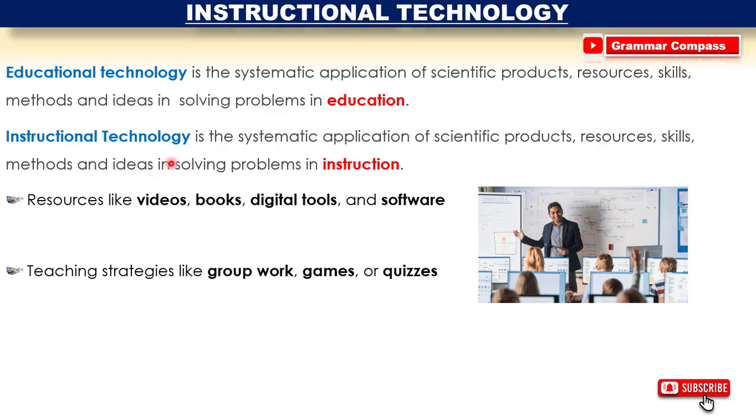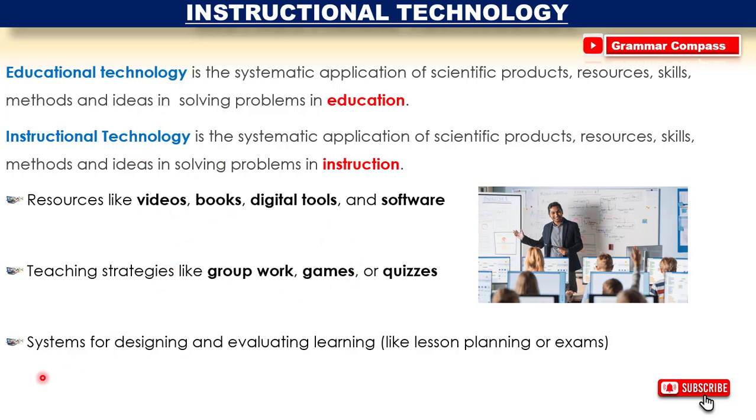And examples of these methods and ideas are group work, games, or quizzes that are used in solving classroom problems. Aside these, educational technology also involves systems for designing and evaluating learning. These are all areas of instructional technology. Whenever we apply scientific knowledge in solving classroom problems, then that is instructional technology.